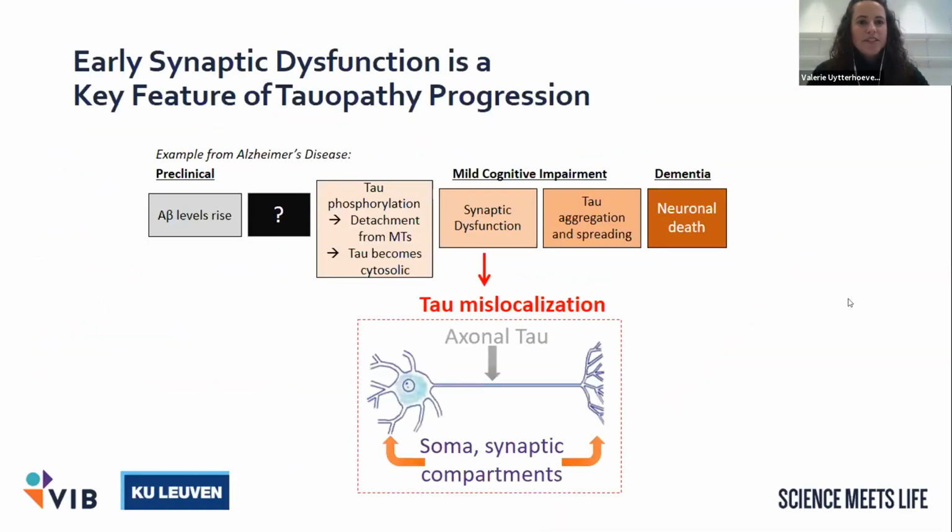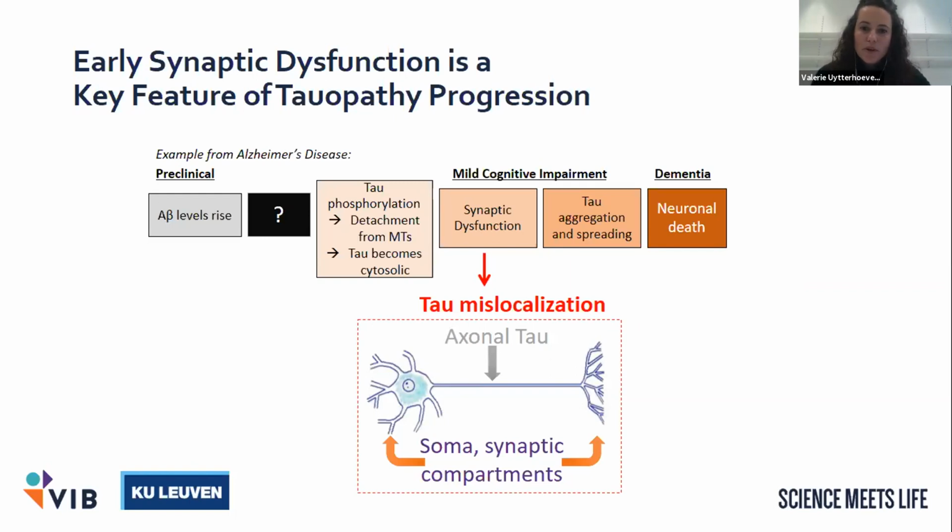So in Alzheimer's disease, you have different stages. In the preclinical phase, we see that A beta levels rise, that tau gets phosphorylated, detaches from the microtubuli, and becomes cytosolic. In the mild cognitive impairment, we see that the synapses become dysfunctional, and that tau aggregates and spreads.